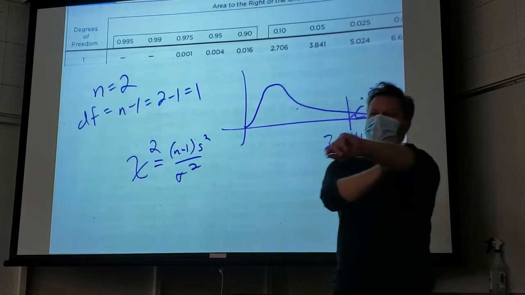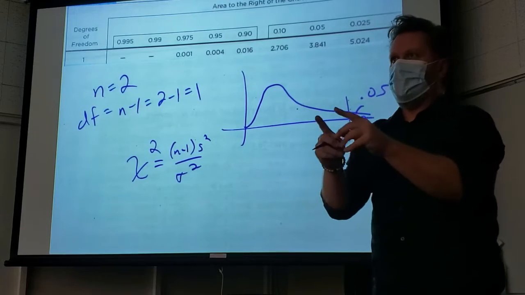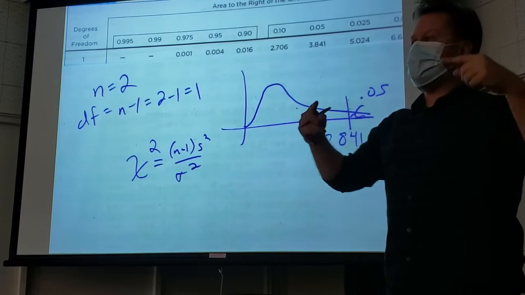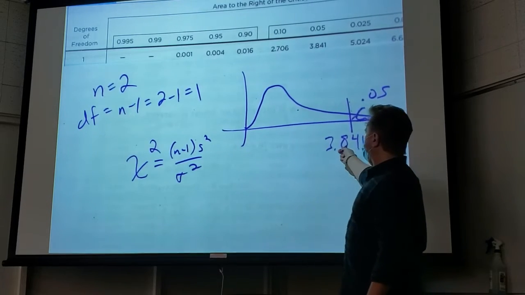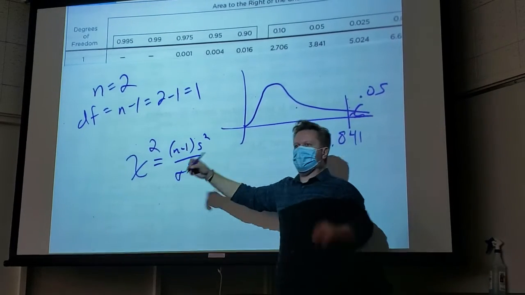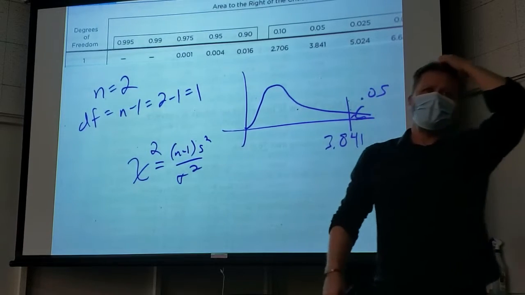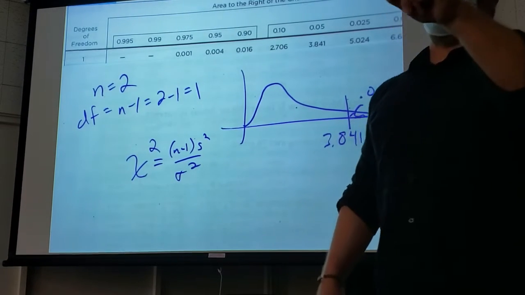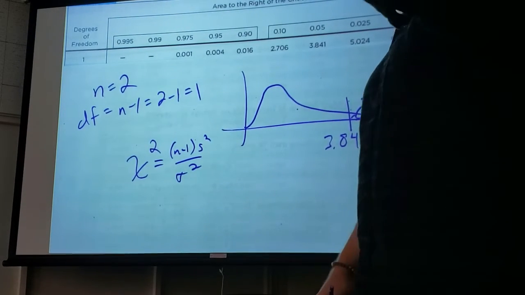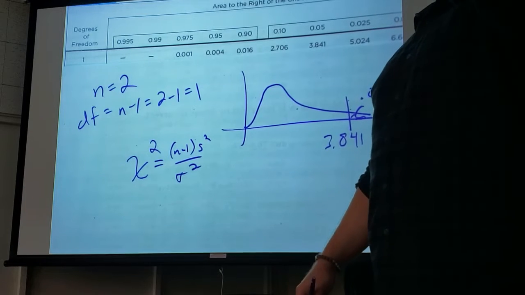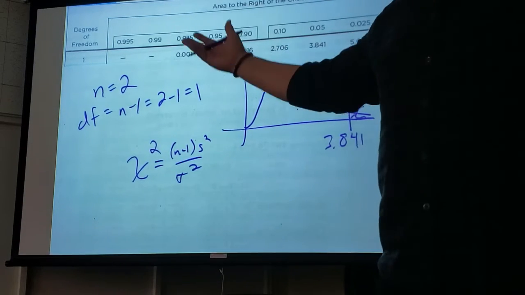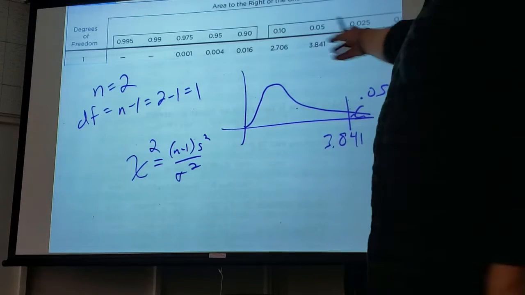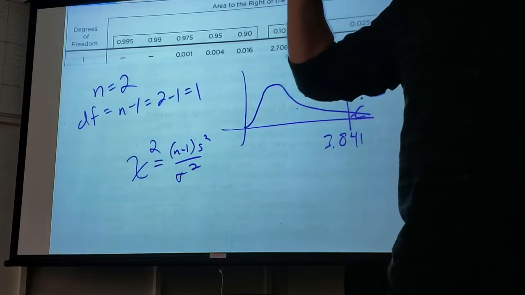Let me say that again. There's a 5% chance that I would pick a sample whose variance is almost 4 times the variance of the whole population. Almost 4 times as big.